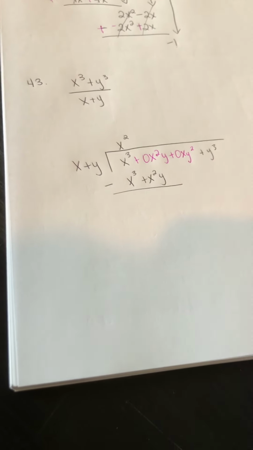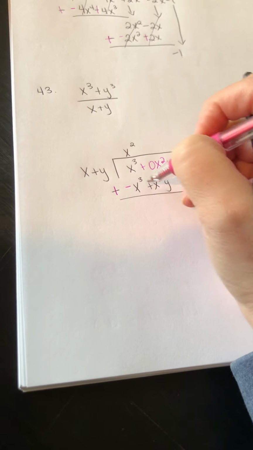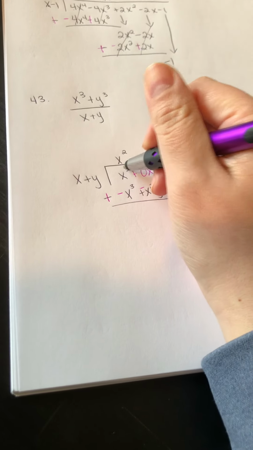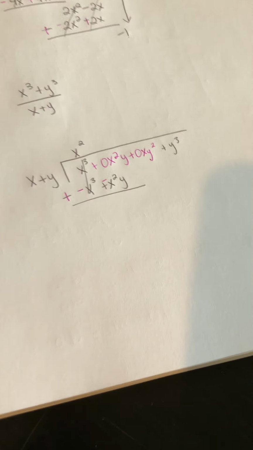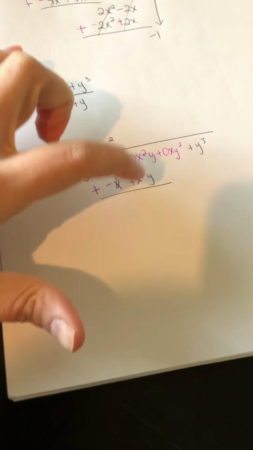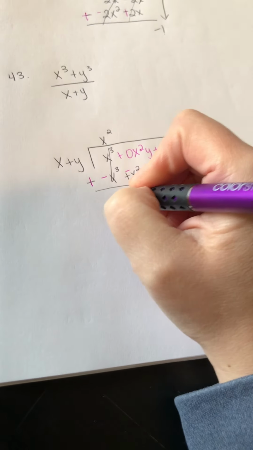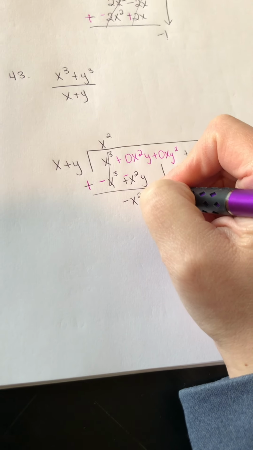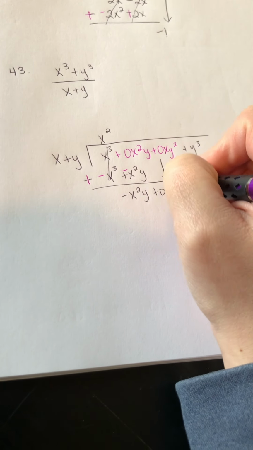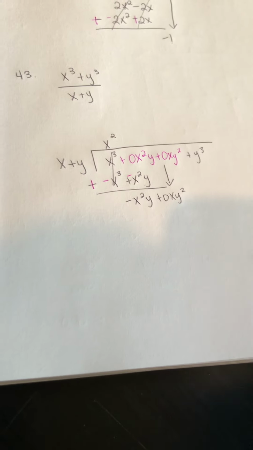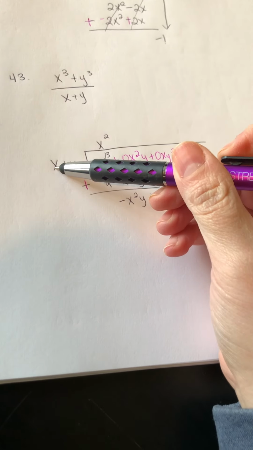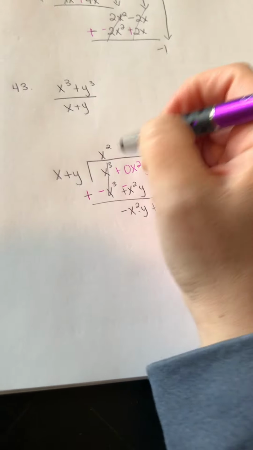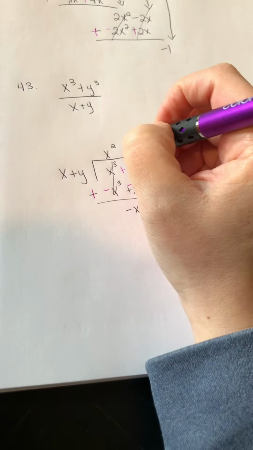So I'm going to subtract, or again, if you want to write plus, negative, negative. The x cubes cancel, and the 0 minus x squared y is minus x squared y. And then I want to bring down this 0, which looks funny, but that's okay. So how do I turn x into negative x squared y? I do a negative xy.